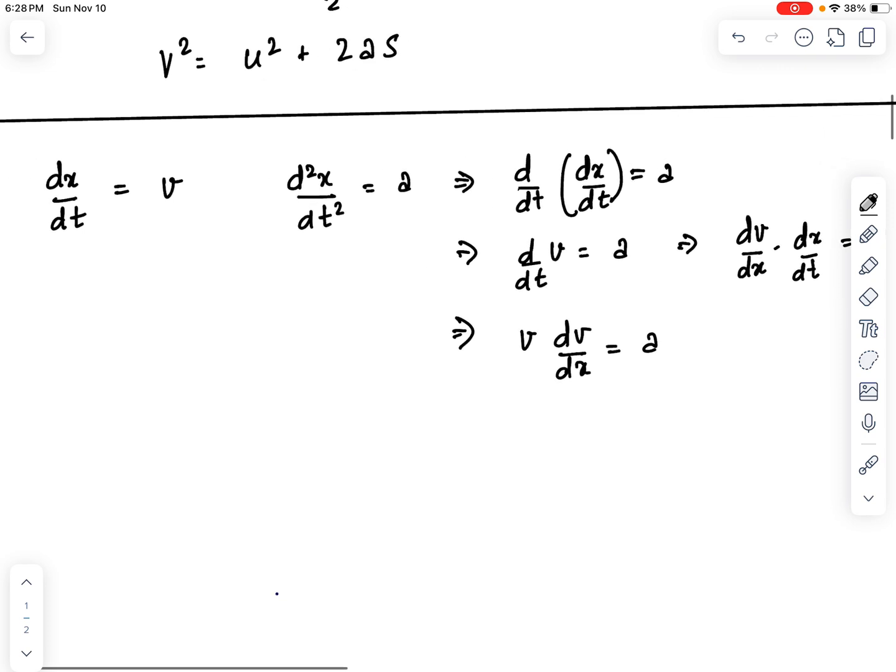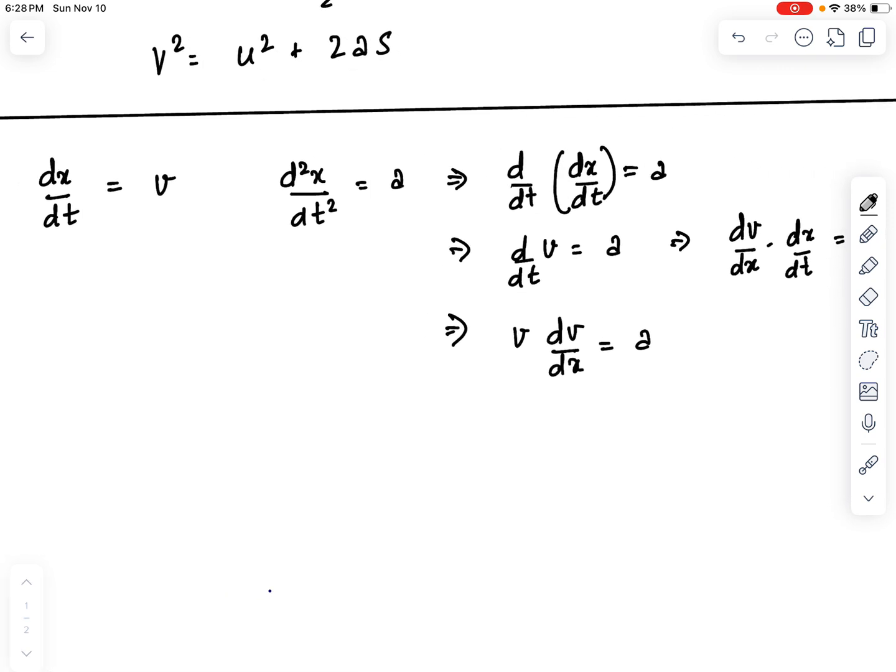So we have v dv/dx equals a, and we multiply by dx on both sides. So we have v dv equals a dx, and then we integrate, and we add a constant when we do that.